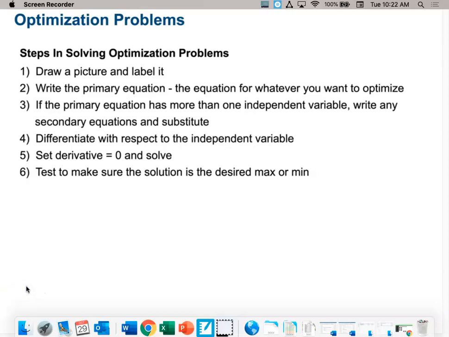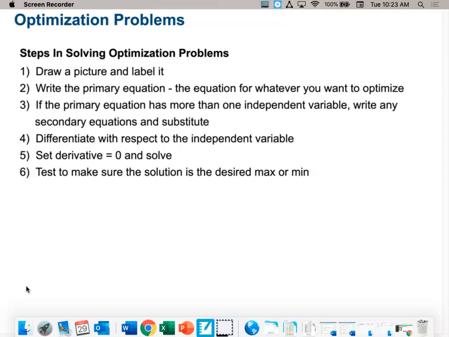So the most common mistake that students make is reading these questions and writing as you go. Related rates, you kind of do that. You read the question and you kind of write as you're reading the question. Optimization questions, you don't do that.